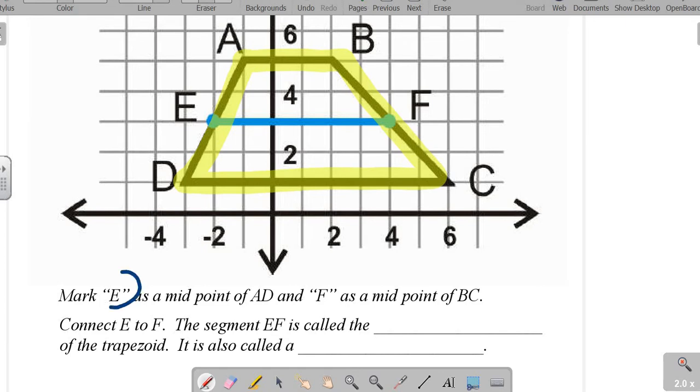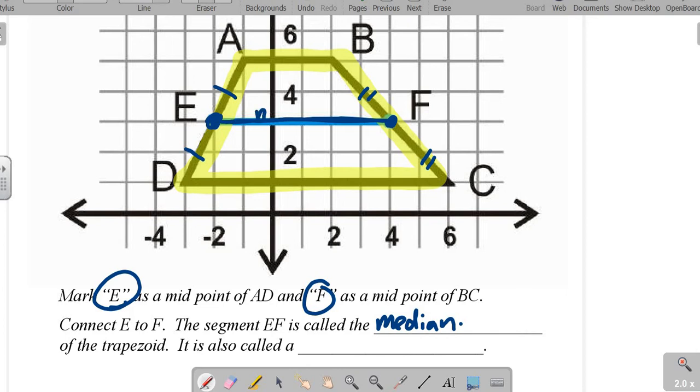We're going to mark E as a midpoint of AD and F as a midpoint of BC. So both of those are midpoints. Now, trace over this and connect them. That segment there is called a median.